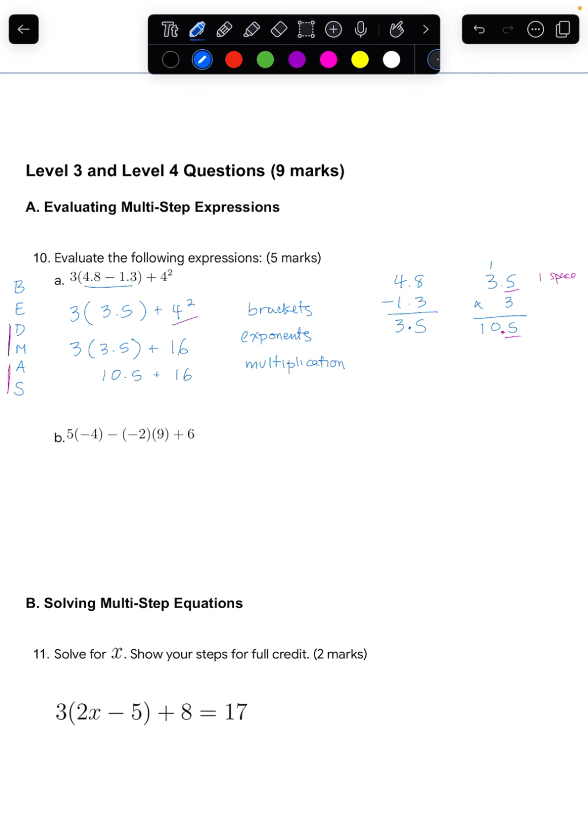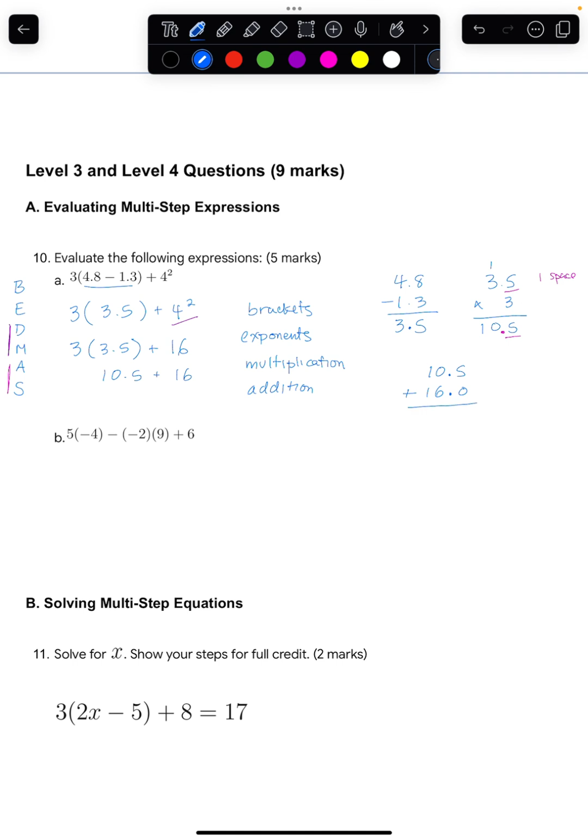And in order to get the final answer, we need to do addition here. The addition is 10.5 plus 16. So we're careful when we're adding. Remember, when we're multiplying, we don't need to line up the decimals, but when we're adding, we do.